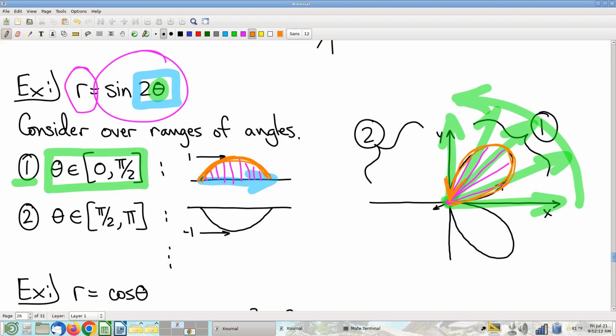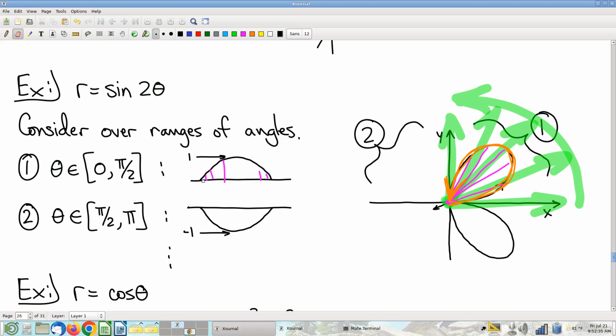Everybody on board? Yeah. So this is basically manual plotting, right, of points. But notice in polar coordinates, the inputs are thought of as angles and the outputs are thought of as, and again, air quotes, distances. Is that cool?